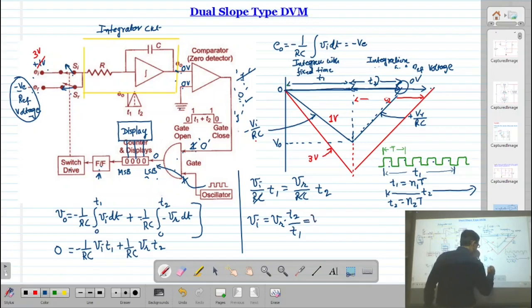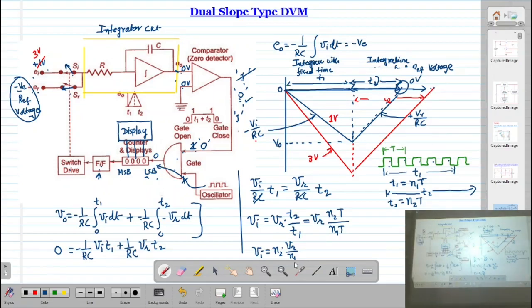So this is equal to VR into N2 into T divided by N1 into T. So T will be cancelled, and we can say that the input voltage is equal to N2 into VR by N1.